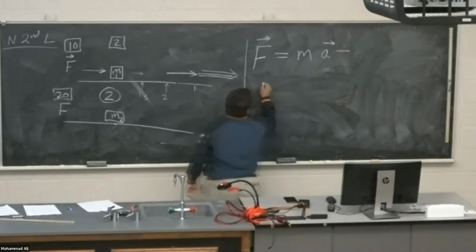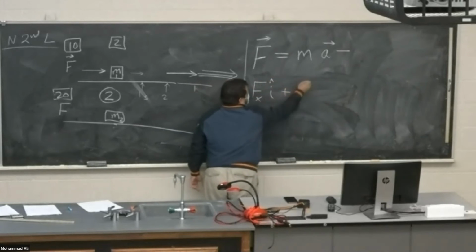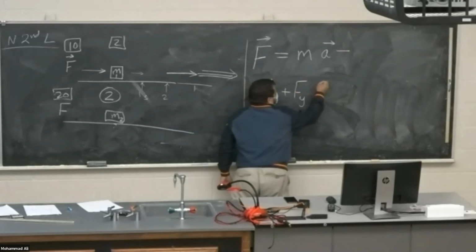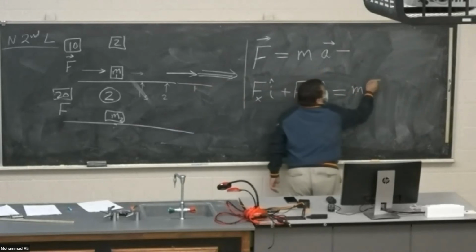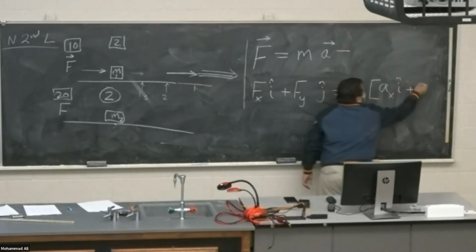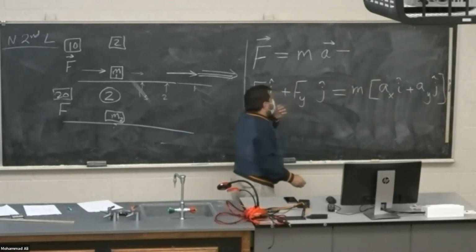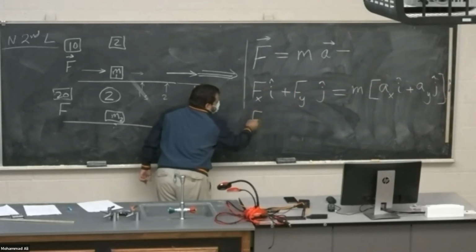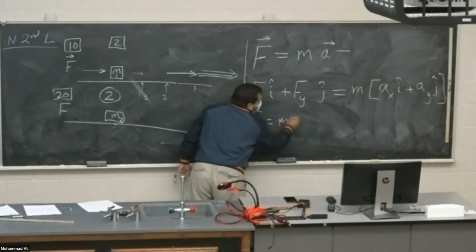The force. We have Fx i hat plus Fy j hat. I will not talk about z hat. It is equal to the mass multiplied by Ax i hat plus Ay j hat. Simply, Fx is equal to m Ax.